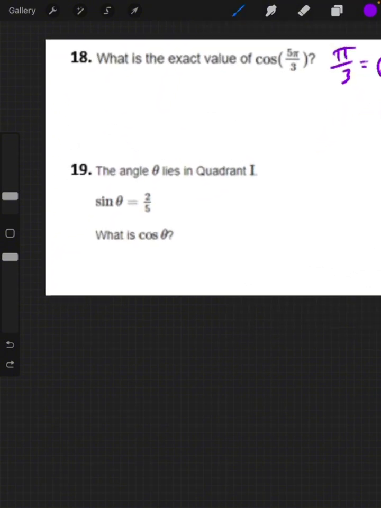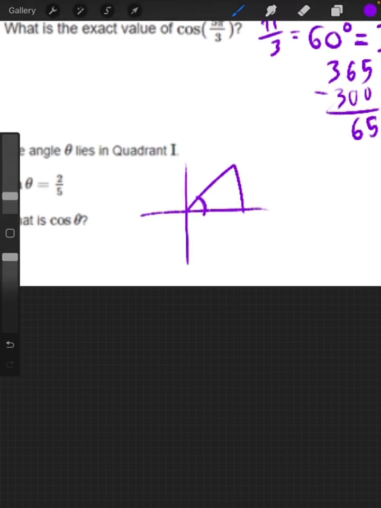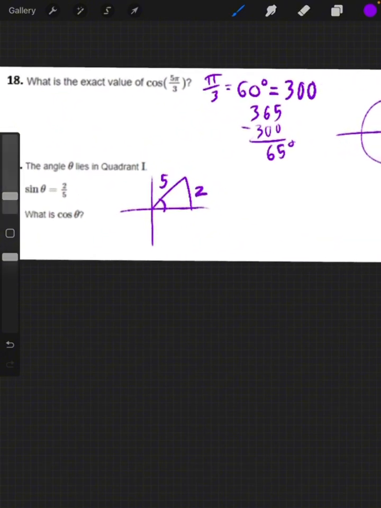The angle theta, I forgot what it's called, theta, lies in quadrant 1. Sine theta equals 2 over 5. Okay. So the sine would be the opposite over the hypotenuse, so we already have that, obviously.